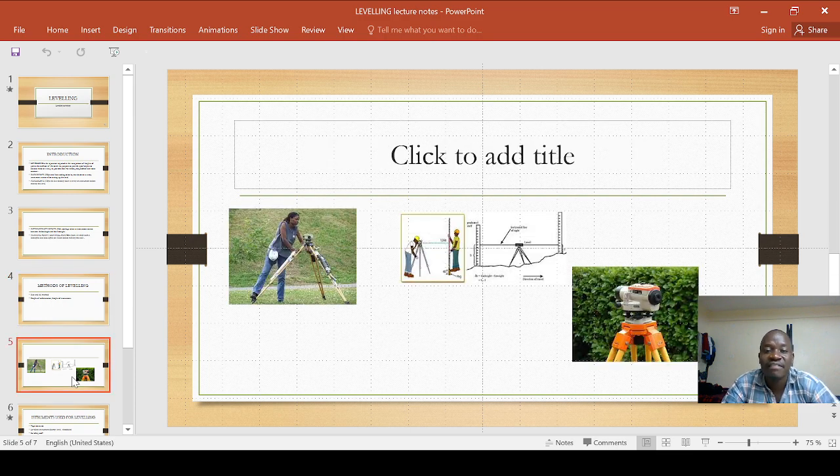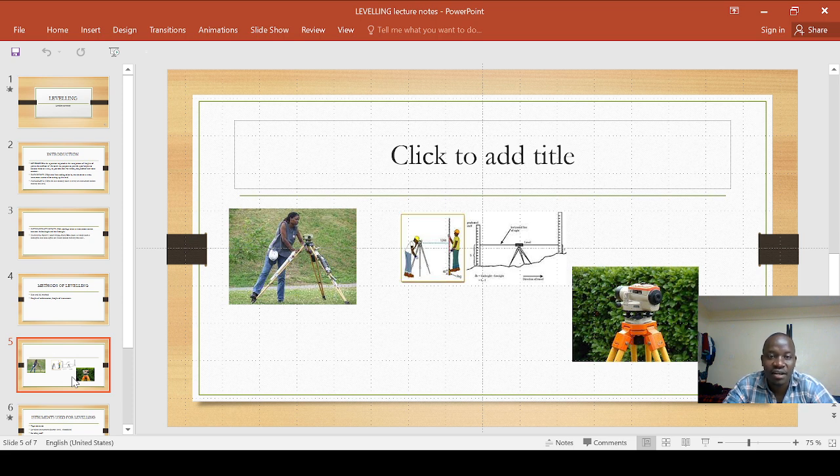Okay, here we have the various instruments or equipment used during leveling. In our case, we have the dumpy level and tripod stand and the staff itself, a calibrated staff.